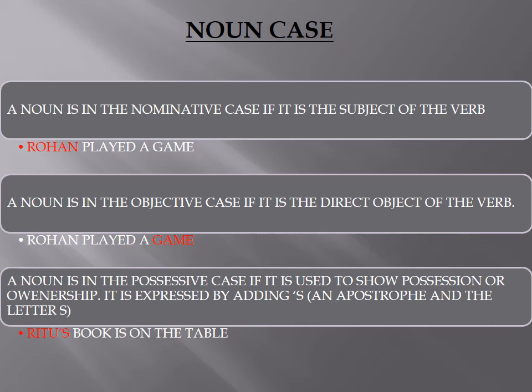Coming to the possessive case. Possession means belongingness or ownership. We use apostrophe s at the end of a word to show belongingness. For example, if I say, Ritu's book is on the table. Ritu is a girl, the name of a person, it is a noun, and she owns a book, or she is the owner of a book.